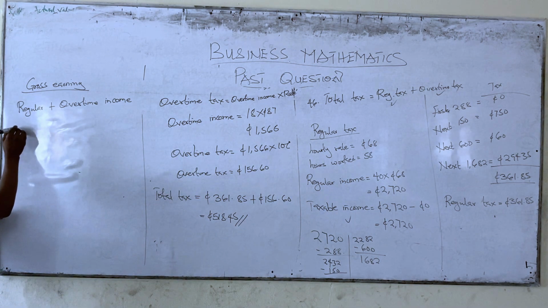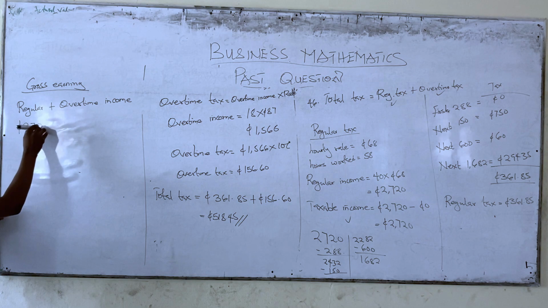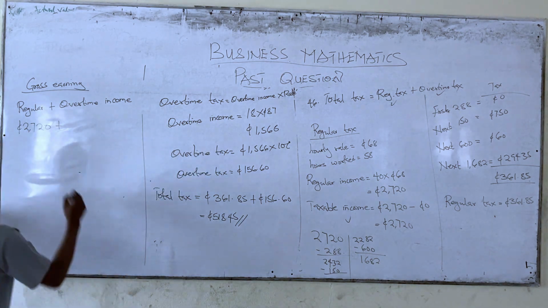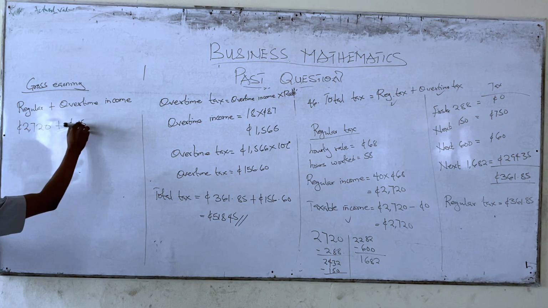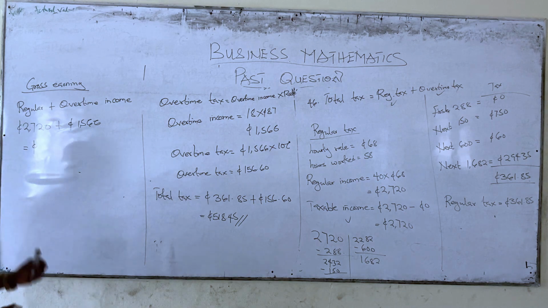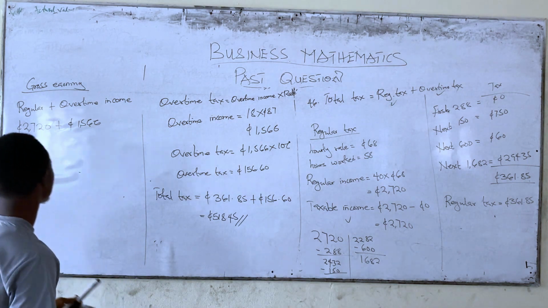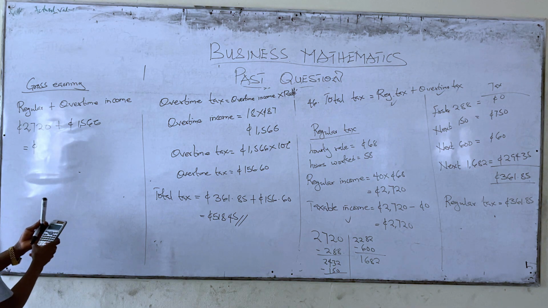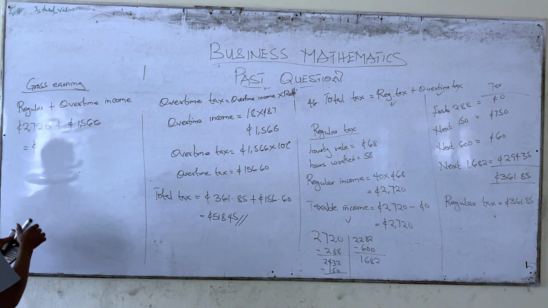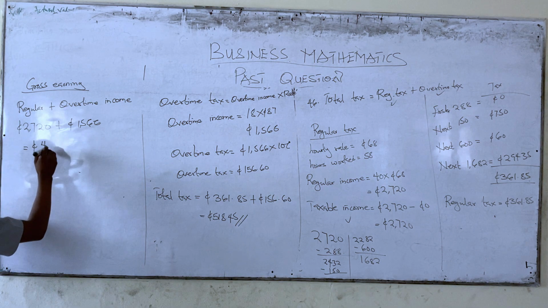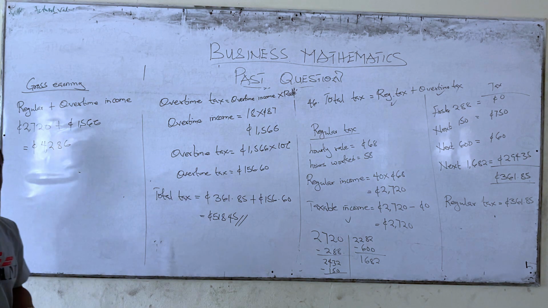So we have the regular income to be 2,720 plus, do we have the overtime income? Yes, 1,566. So we just add the two. 2720 plus 1566. Okay, so you are going to get 4286 as your gross earning, right?